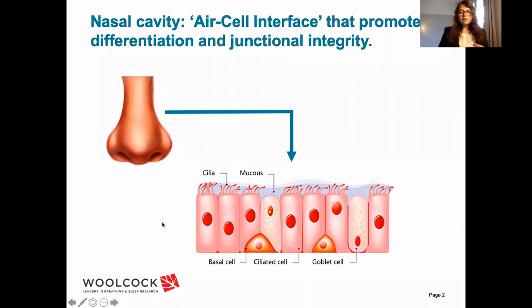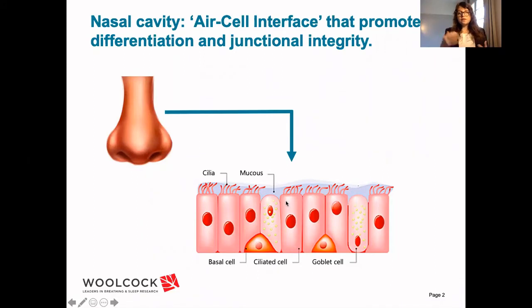So if we look at the epithelial cells down here, what we'll notice is that there are three main types of cells that you'll find in a nasal epithelia: the basal cell, which is almost like your progenitor cell, the beginning one that everything establishes from. From the basal cell, you can have a ciliated cell.